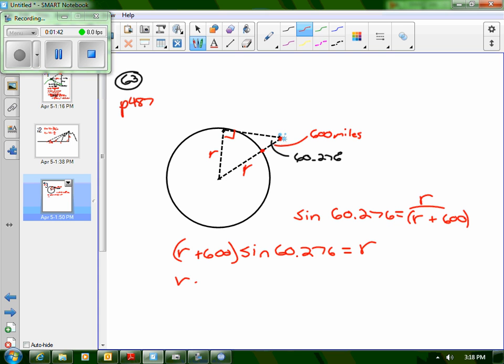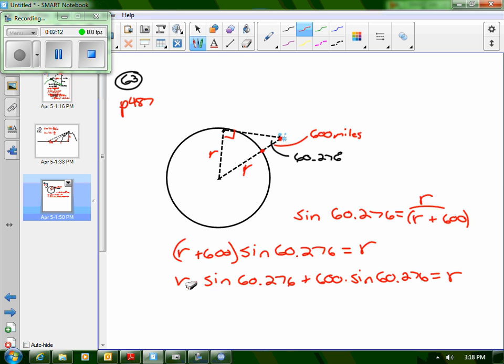So r times the sine of 60.276 plus 600 times the sine of 60.276. That equals r. This is a value that I can actually compute and find on my calculator. There's no variables there, so that's an actual number value.